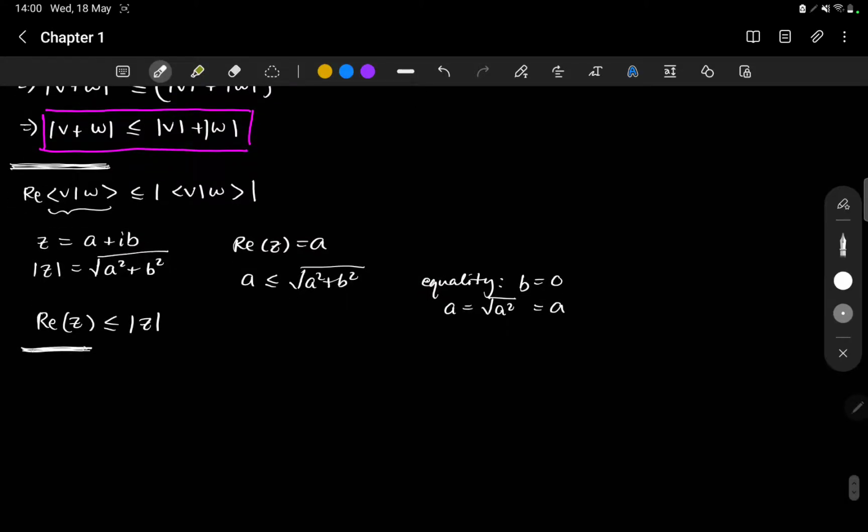So the next part says that if we have v is equal to a times w, then for this case the triangle inequality reduces to an equality.